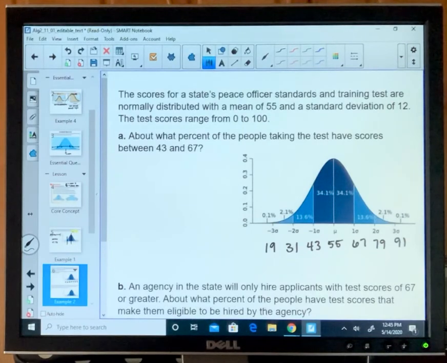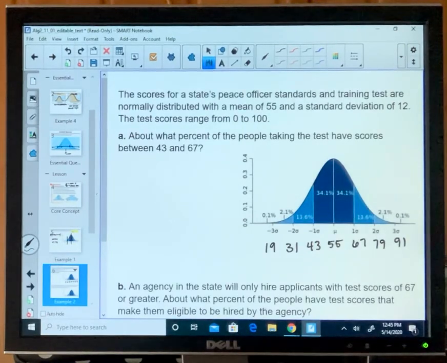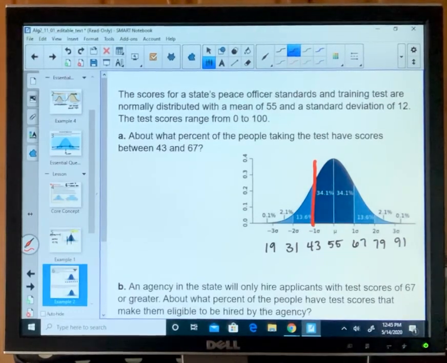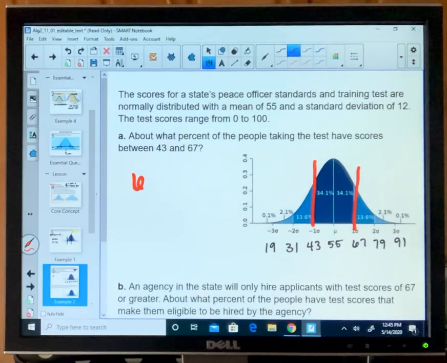So if I want to know specifically what's between 43, I'm going to highlight that, 43 and 67. Well, it looks like that's one standard deviation on each side. So we've got the 34.1 plus 34.1, which gives us the... Oh man, that's really fat.